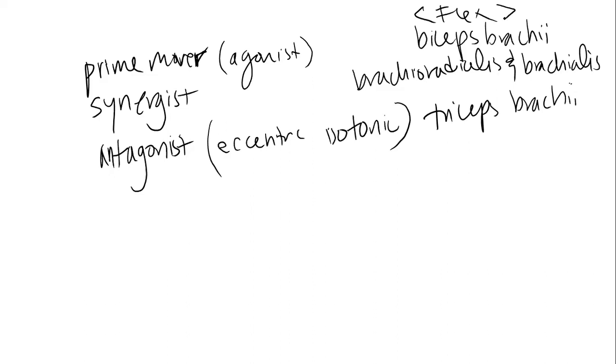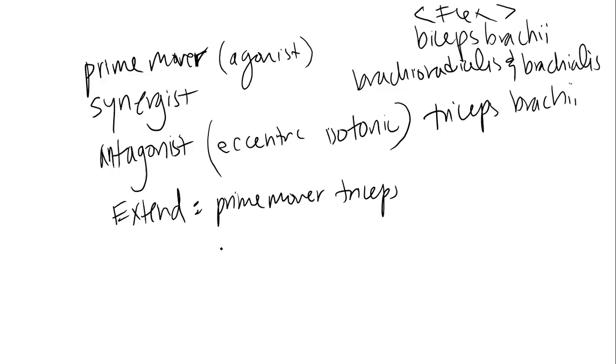And then if we wanted to reverse the movement, so if we wanted to then extend at the elbow, we would see a reversal of certain roles, right? So when we extend at the elbow, the prime mover is the triceps, and the antagonist is the biceps.